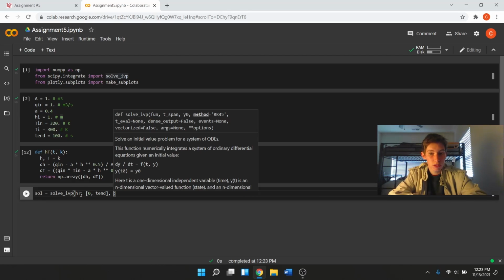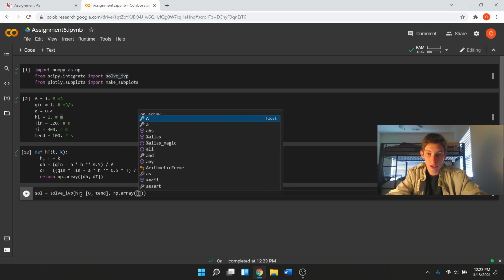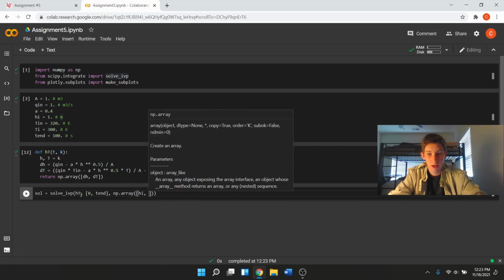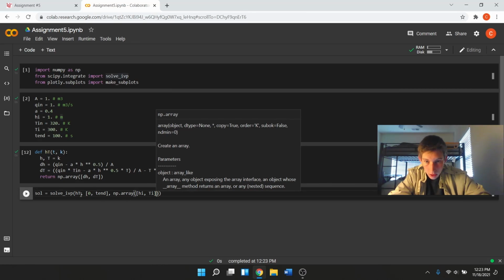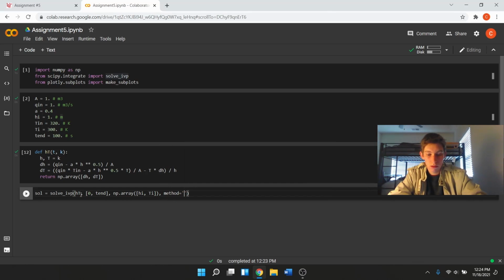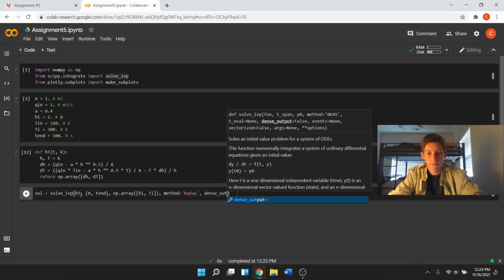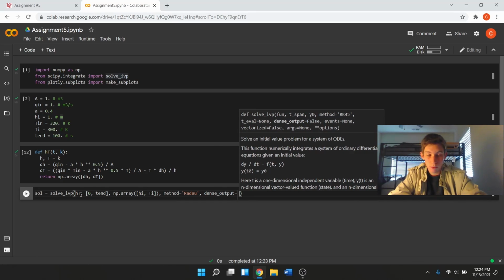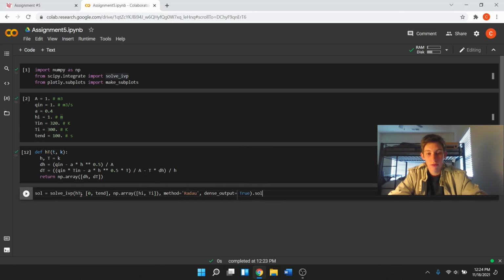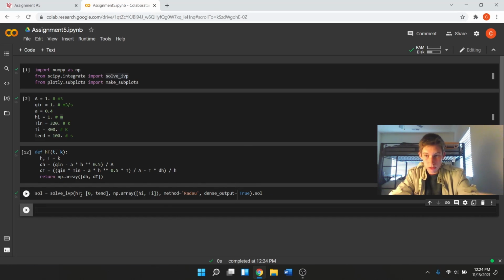Our initial values is an array. So first we used height, so we have to put in our initial height, and then our initial temperature. And then next, the method of integration we're going to be using is this one. And then finally, we need to say that our dense output will be true. And then if we do .sol, that grabs the solution and stores it into our variable here.